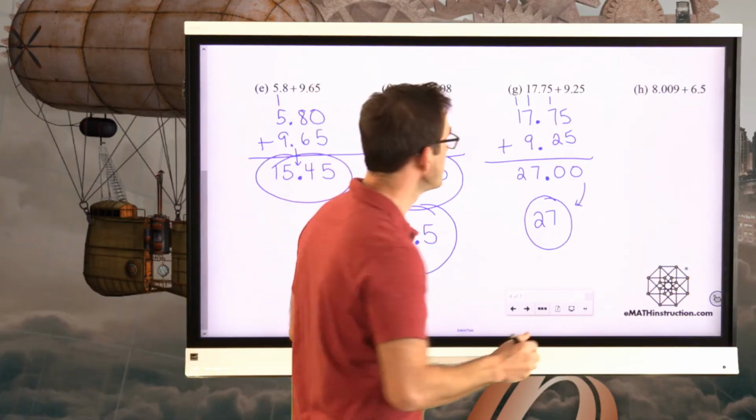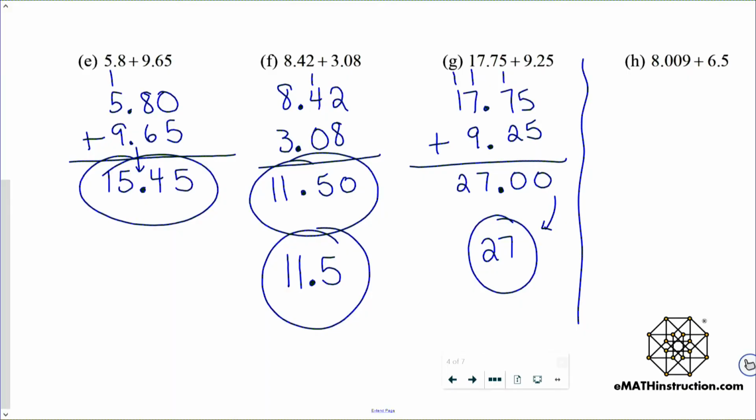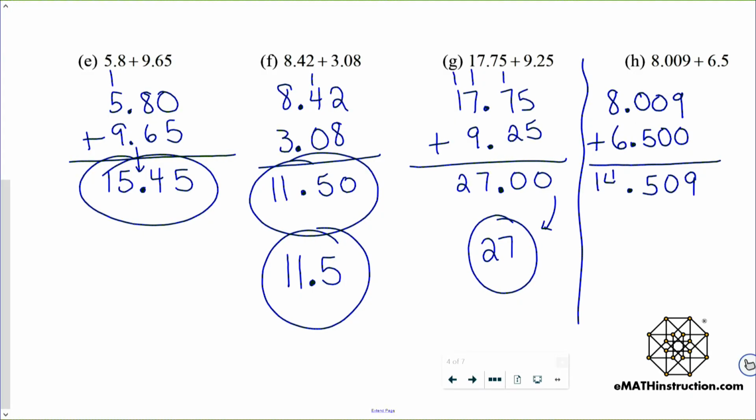And last problem, letter H, we've got 8.009 plus 6.5, and again, if it helps you, put those extra zeros there. It's not a problem. 9 plus 0 is 9, 0 plus 0 is 0, 5 plus 0 is 5, and 8 plus 6 is 14.